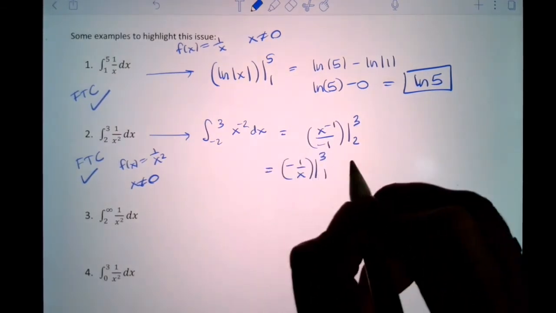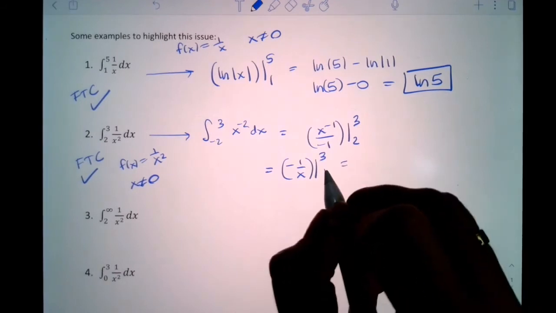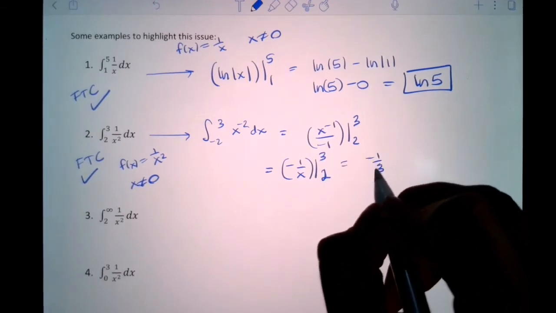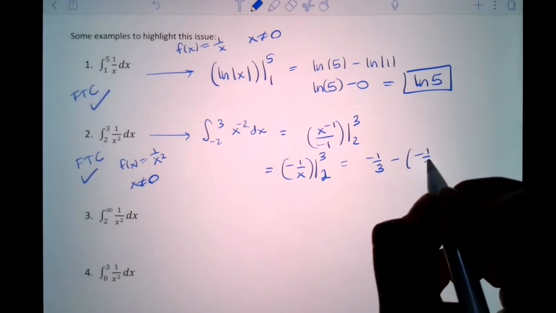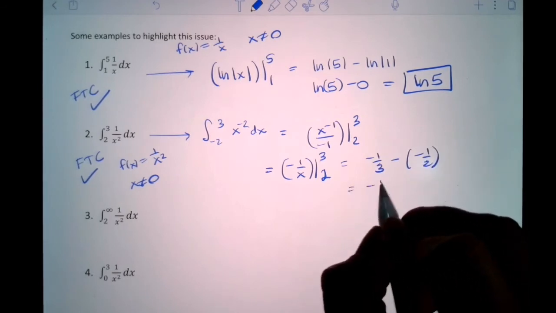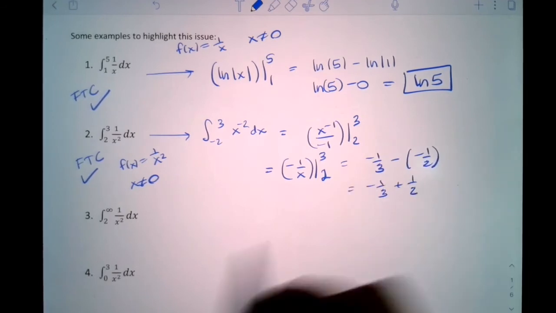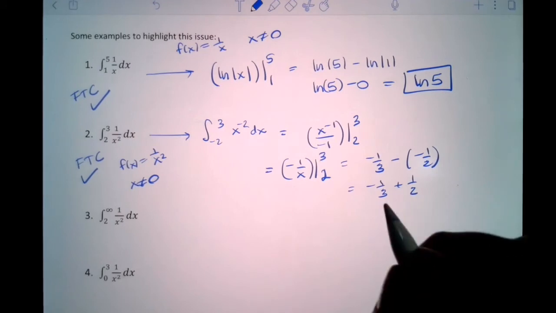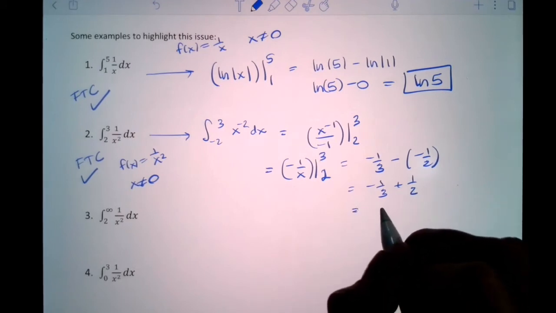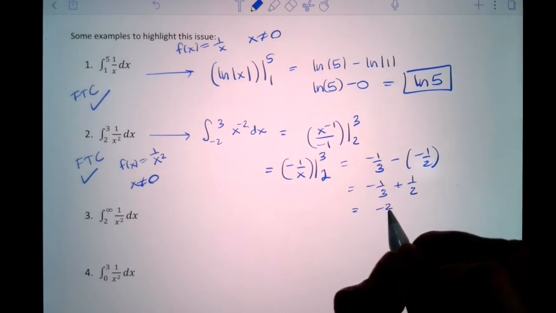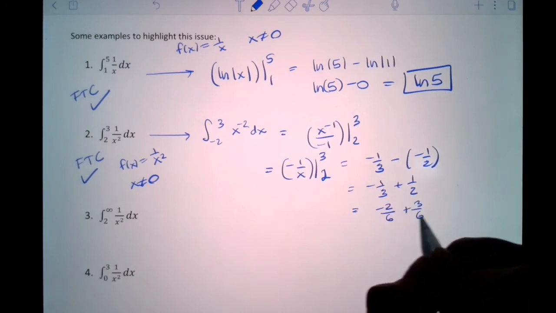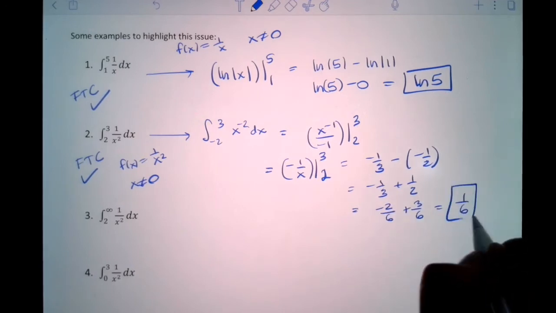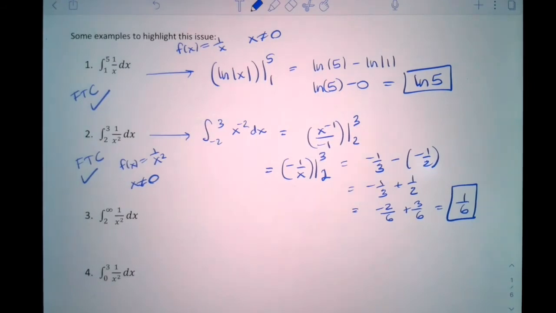So that would be negative 1/3 minus negative 1/2. So that's negative 1/3 plus 1/2. Let me get a common denominator. That would be negative 2/6 plus 3/6. So again, I have an actual answer here of 1/6.